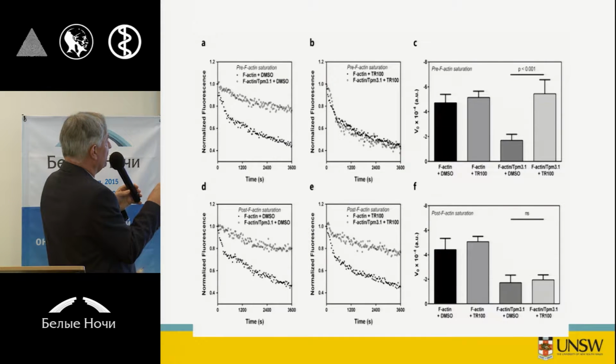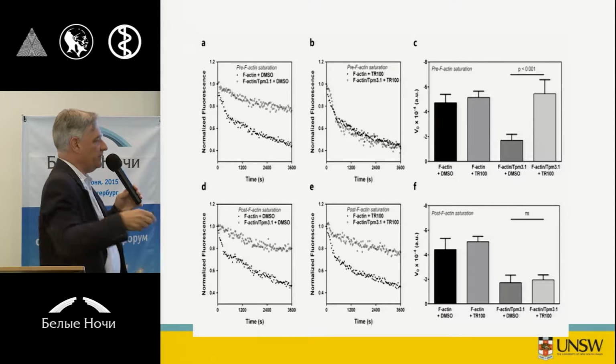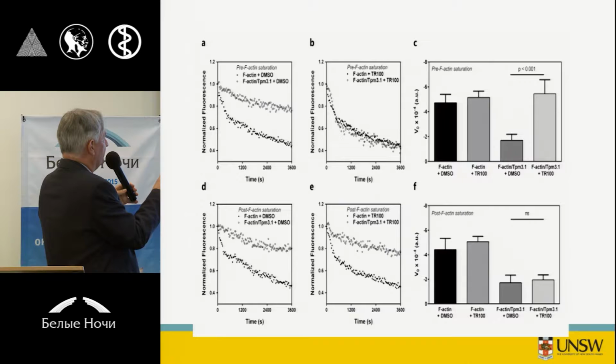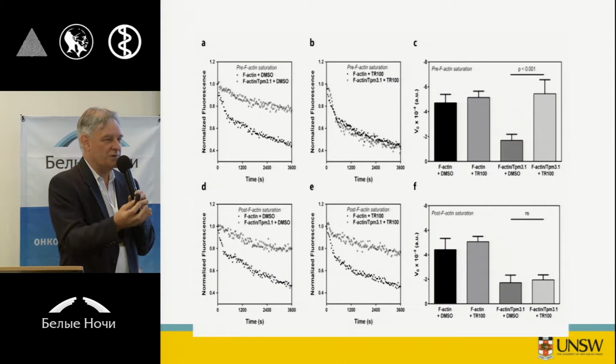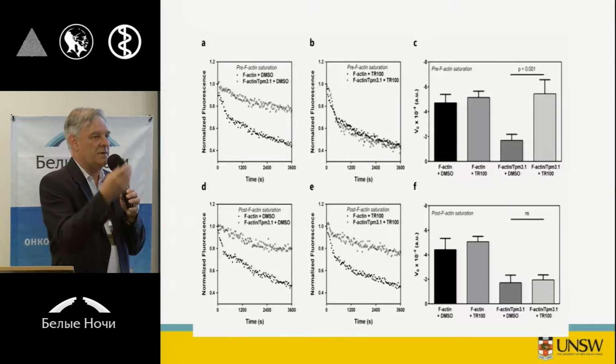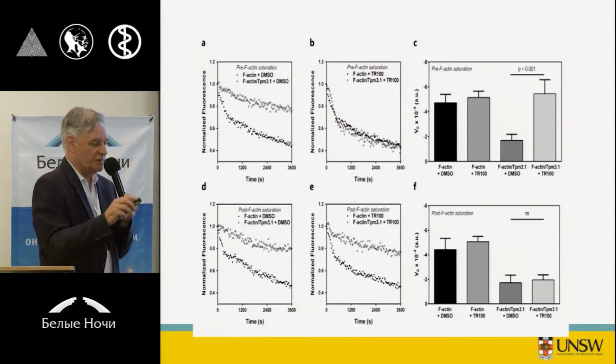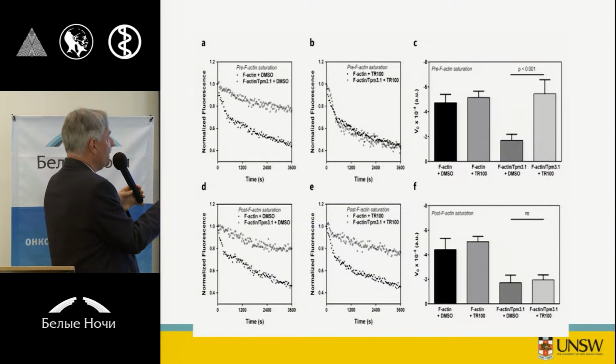If you take actin polymer, so a long polymer of actin, you dilute it, what you find is that it falls apart quite rapidly. If you put tropomyosin onto that actin polymer and then dilute it, you get a much decreased rate of depolymerization. What that means is the tropomyosin protects the actin from falling apart. It stabilizes the actin polymer.